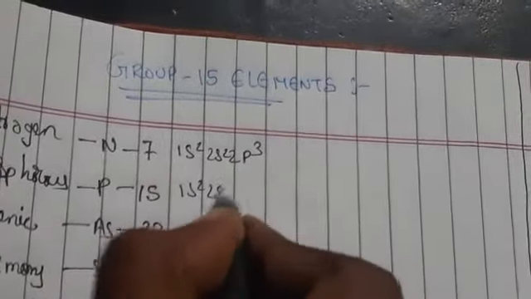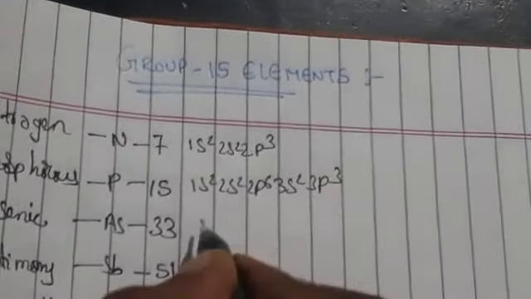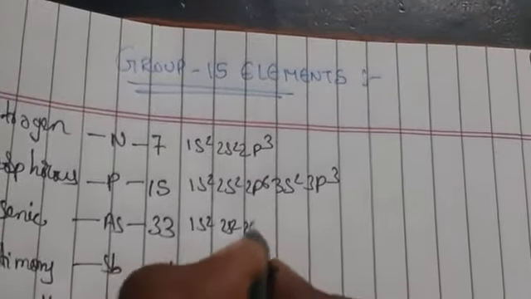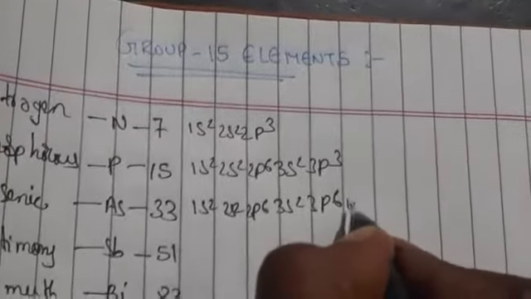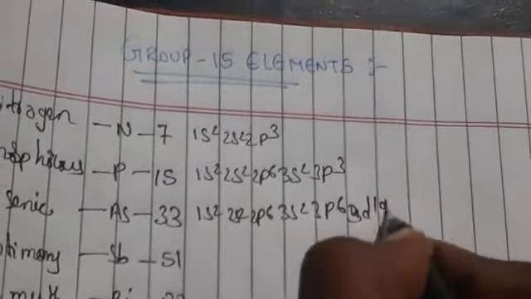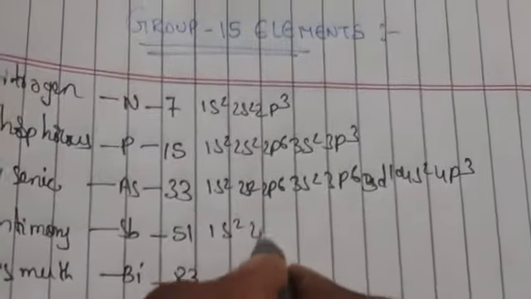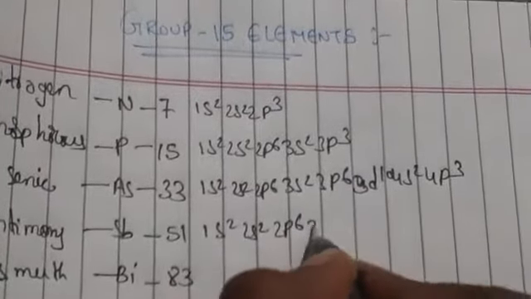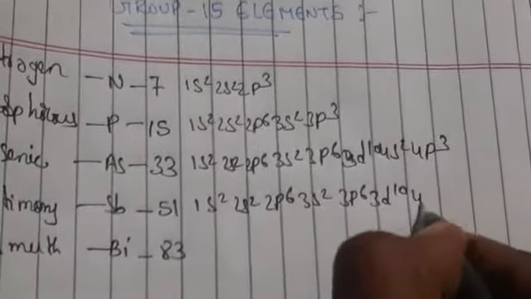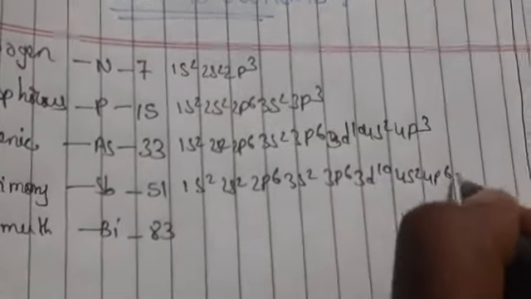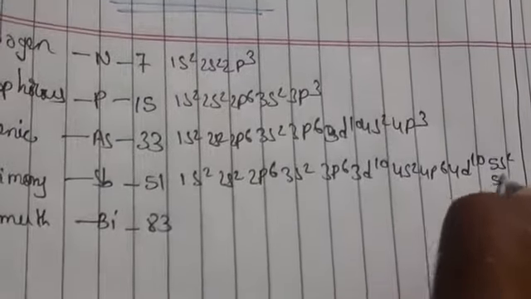Coming to electronic configuration, we have 1s2, 2s2, 2p3. Then 1s2, 2s2, 2p6, 3s2, 3p3. Then 1s2, 2s2, 2p6, 3s2, 3p6, 3d10, 4s2, 4p3. Then 1s2, 2s2, 2p6, 3s2, 3p6, 3d10, 4s2, 4p6, 4d10, 5s2, 5p3.